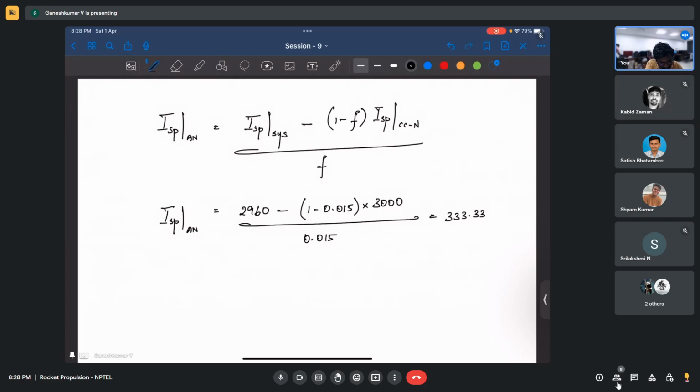I don't know whether they're using it right now, I'm not sure exactly. It's called the blow down cycle, or something similar.